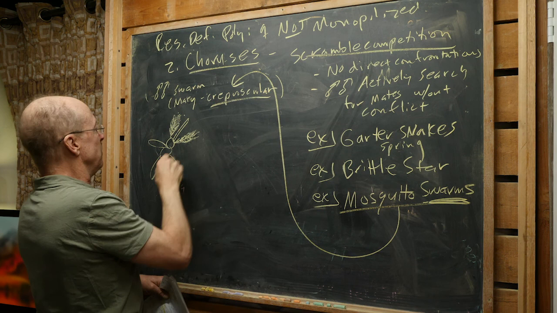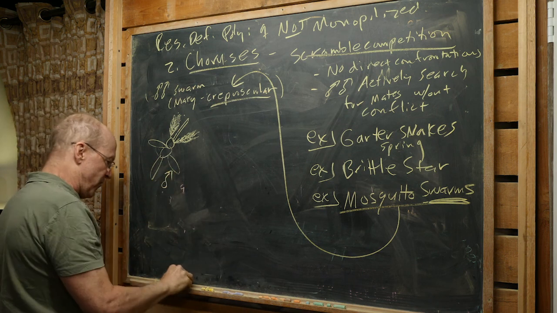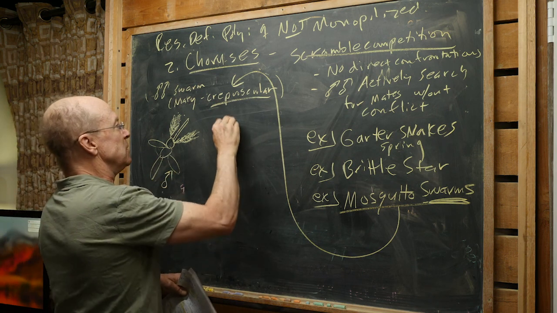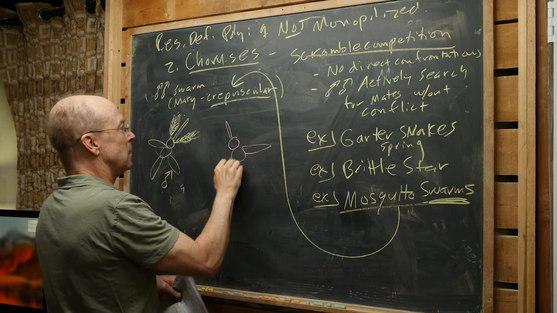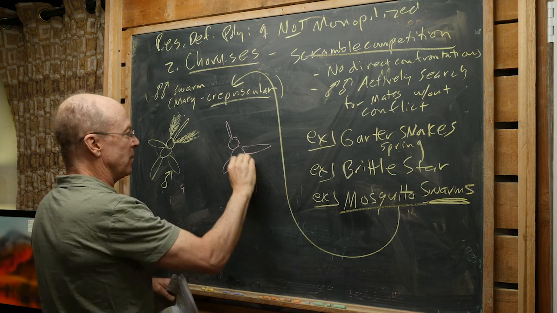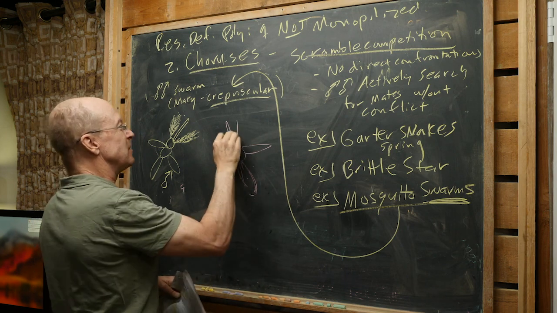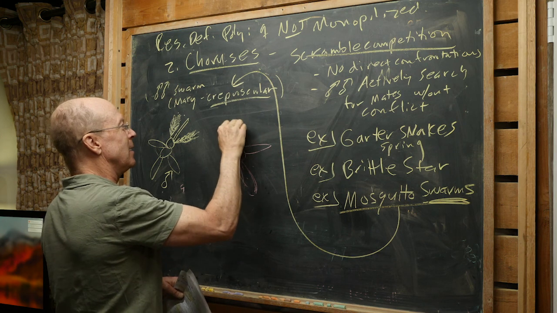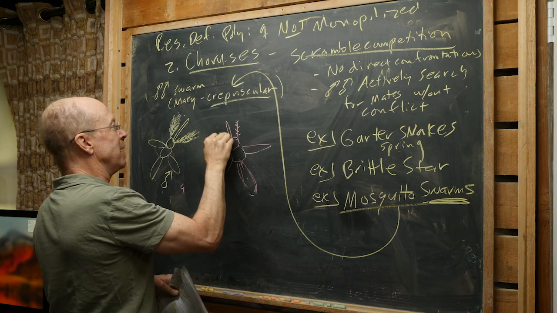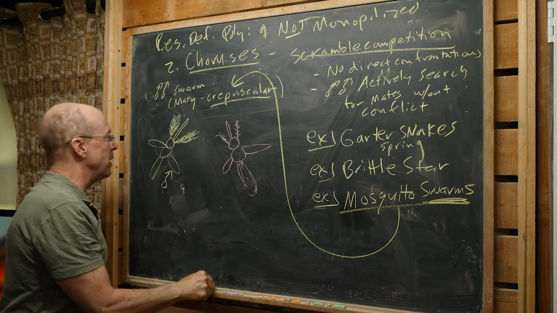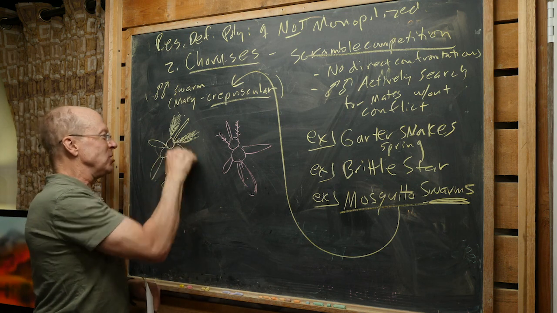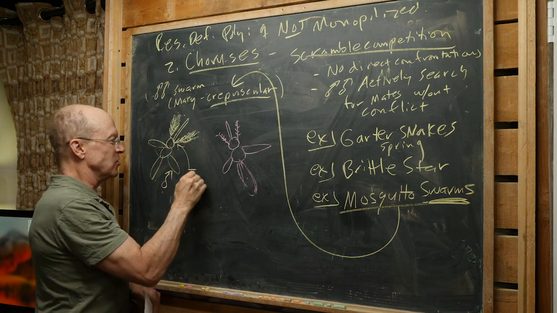And then the female mosquito has these pretty simple antennae. And what we actually have here is these special structures that I mentioned back in lecture, Johnston's organs.